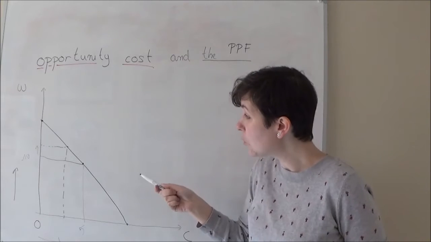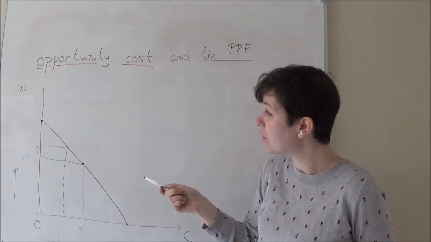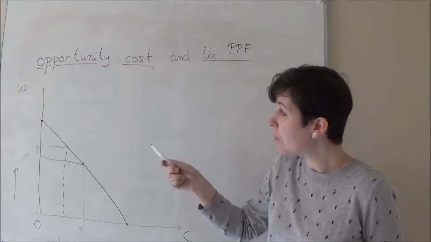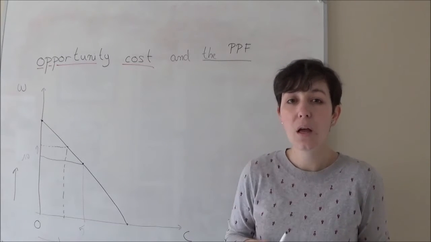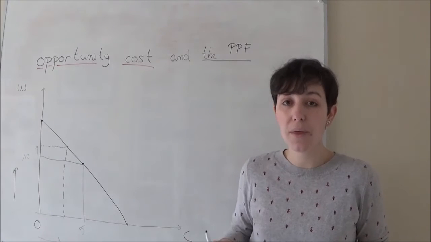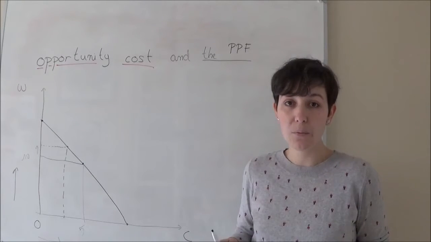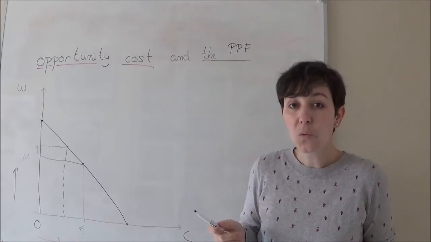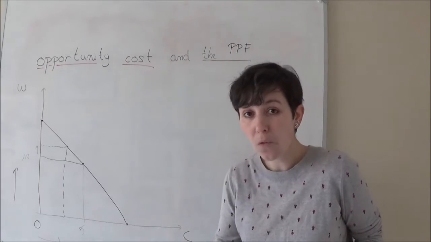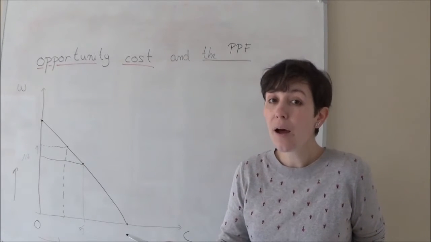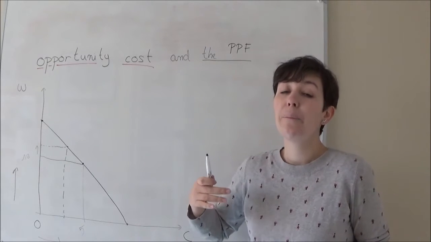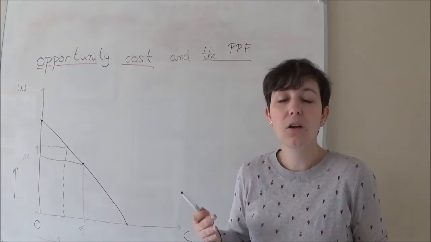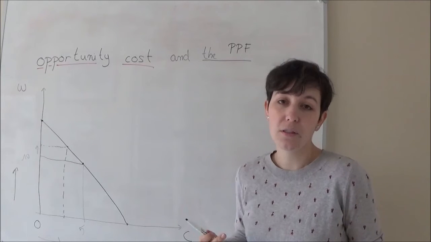So the PPF gathers all the possible combinations of production of two goods when we are using all our resources. All our labor is there. That's why if I want to produce more of one thing, it has a cost. Which one? The opportunity cost, that is the production that I'm not going to do in the other sector.